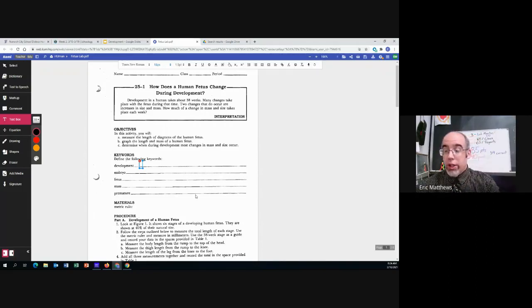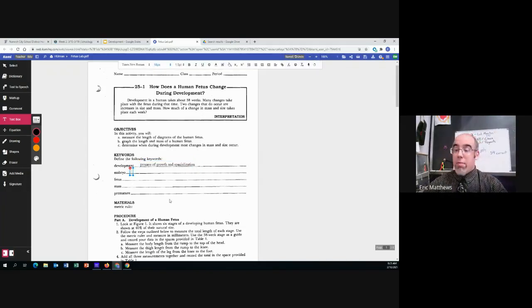Development is literally going to be the process whereby our embryo turns into a fetus and then continues on towards being a child. So development is this process of specialization where we get the arms and the organs and all of that. So process of growth and specialization, if I can spell.